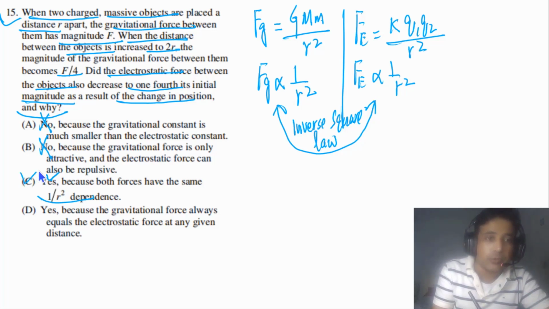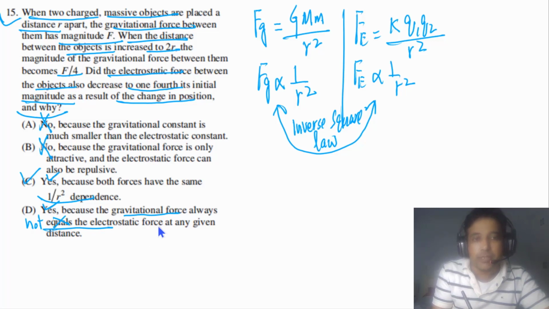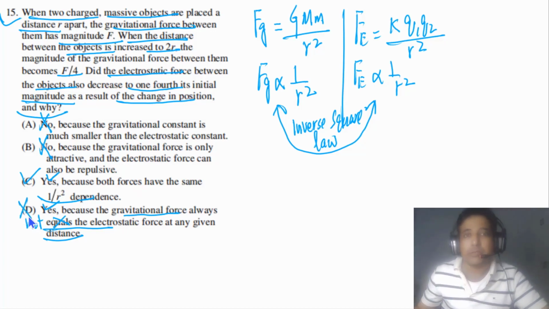So option C is correct. D, because the gravitational force always equals, no, not equal. So this is wrong. Not equal to electrostatic force at any given distance, meaning they have different magnitudes. This is telling us they have the same magnitude, so this option is also incorrect.